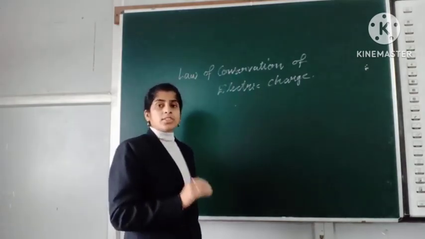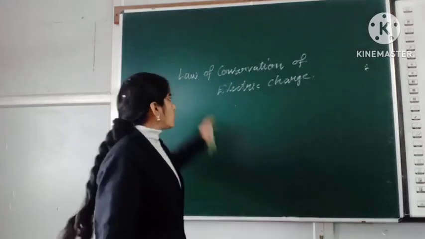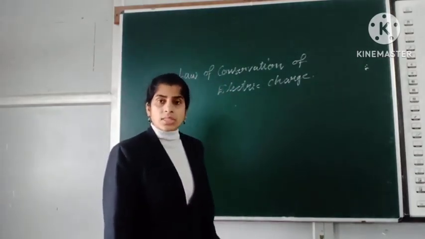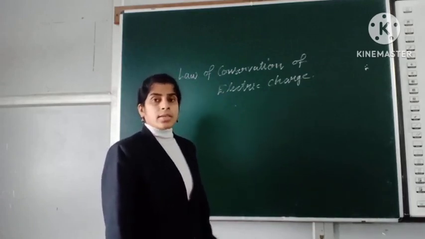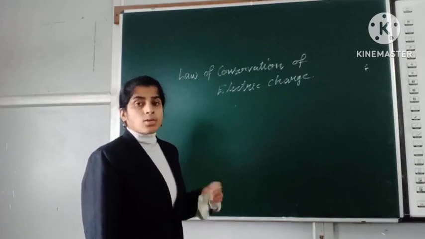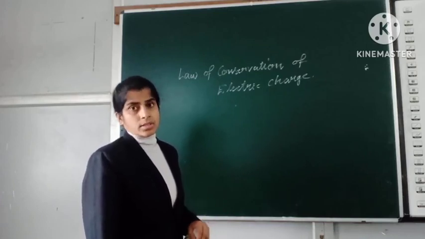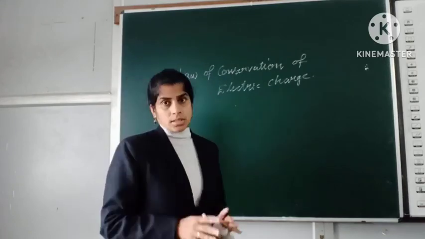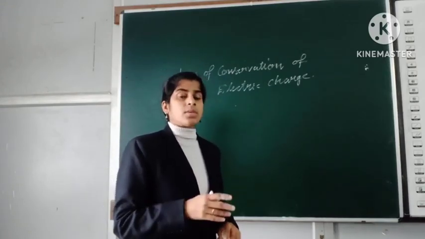The amount of charge remains the same. That is the law of conservation of electric charge. In a closed system, the amount of charge remains the same. The sum total of electrons in a system is a constant quantity.